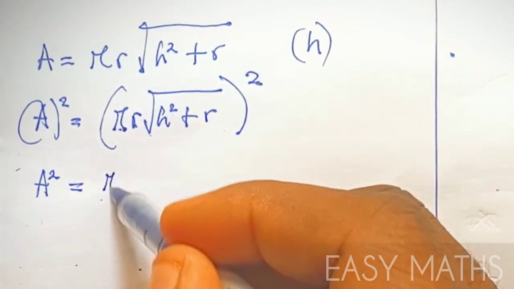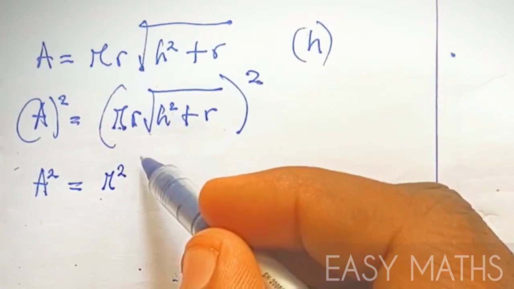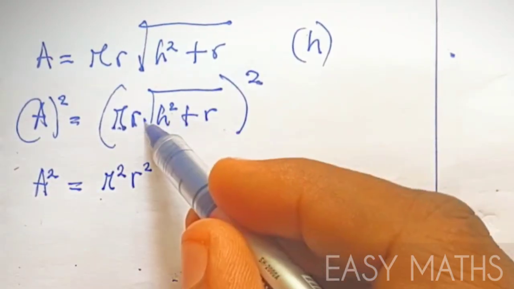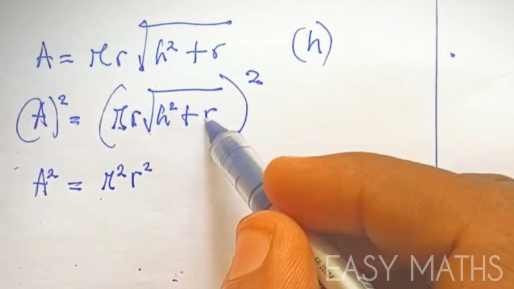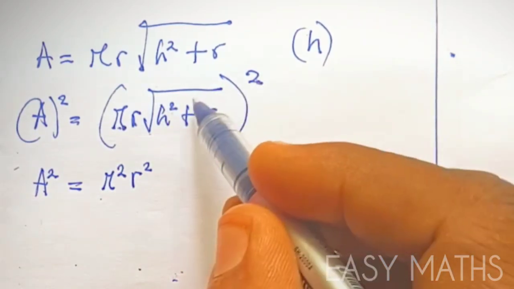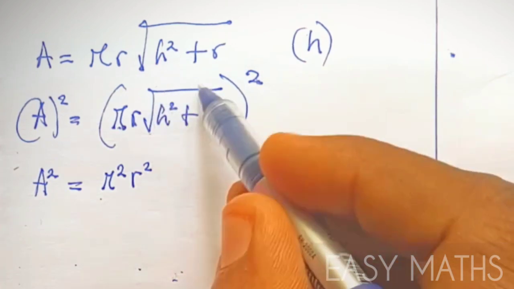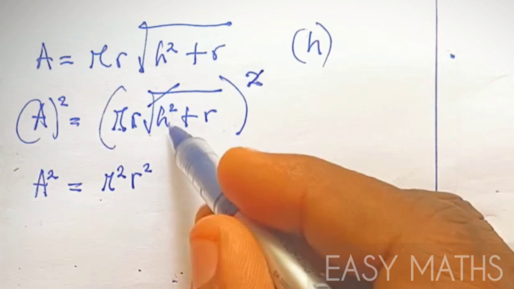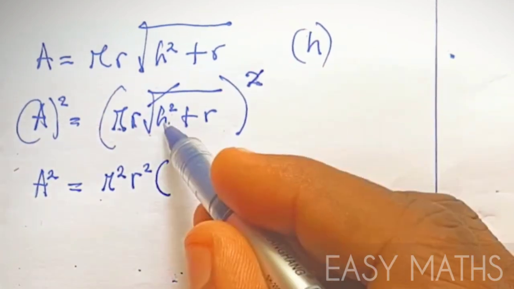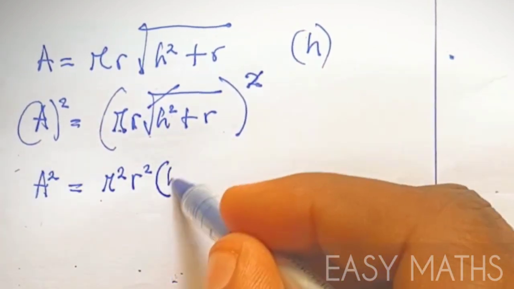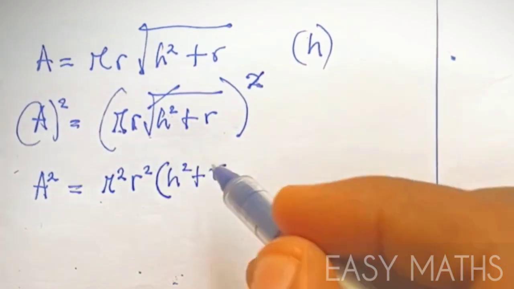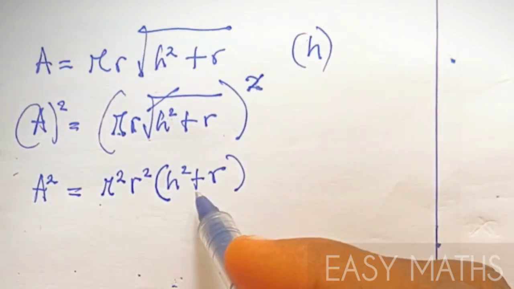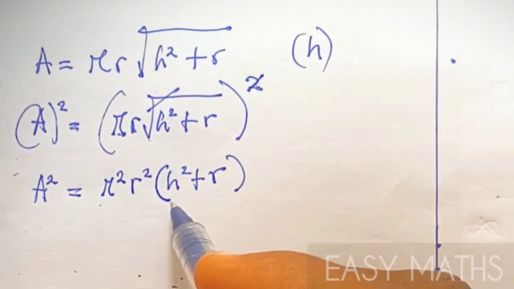So we have pi squared r squared, but when it comes to h squared plus r, because this square root is housing both of them, the square is going to work on them at once. So this square will cancel the square root. Then we are going to have, remember we are going to put them in brackets since they are together, h squared plus r, bracket close. I hope that is understood. So we have made the equation simpler.